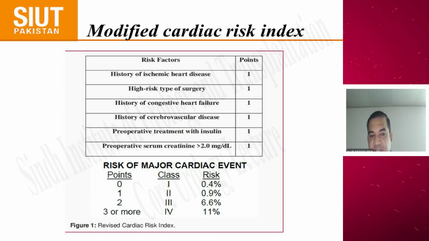Risk of major cardiac events is divided by the revised cardiac risk index classification. Class 1, which is 0 points, the risk is 0.4%. Class 2, 0.9%. Class 3, 6.6%. And class 4 and above, 11% risk of major cardiac events.